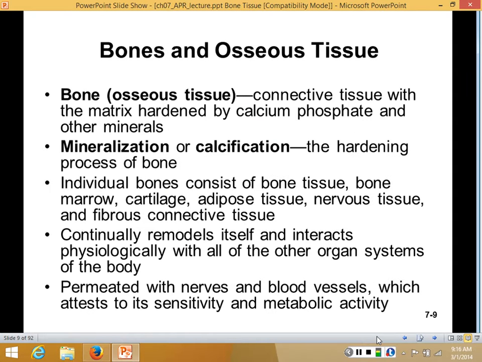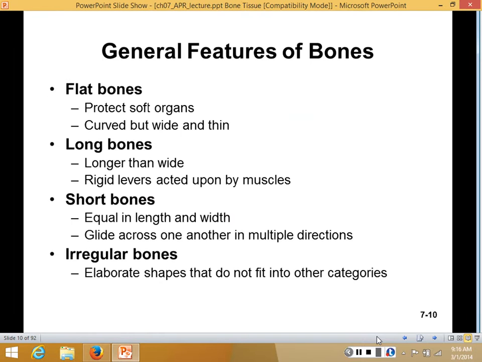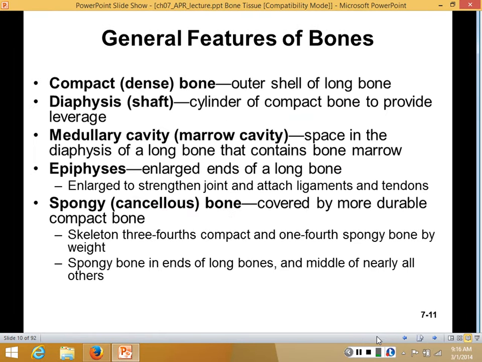So I did the functions, the features of bone. Did I talk about this part here, the features, the diaphysis, and red bone marrow?